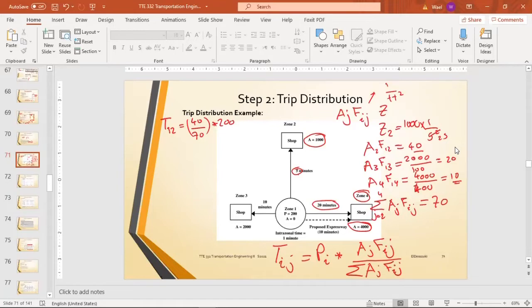So that's the 70, this part, and this 200 is this part. Clear for everybody? Yes. So we have 40 divided by 70 multiplied by 200. This is going to be 114, sorry.